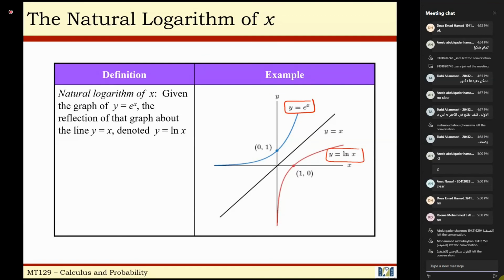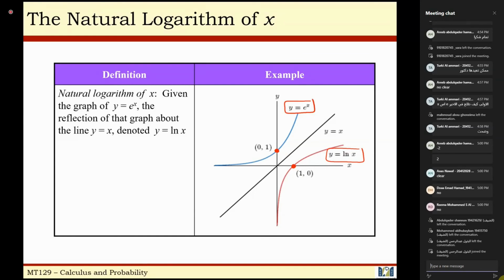The inverse of the exponential function is ln x.